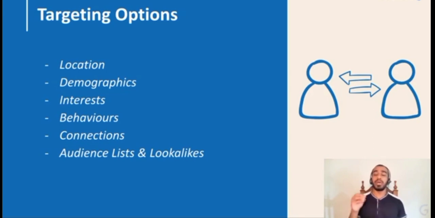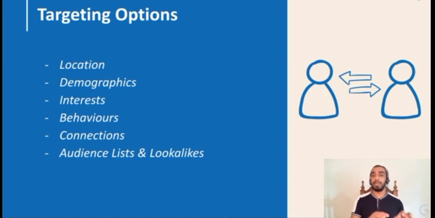So this is called Facebook lookalikes. Facebook lookalikes essentially means that you have an audience list, say someone who visited your website. You can create a lookalike of that. So you can ask Facebook that I want to identify people who have similar interests, similar behaviors, similar age groups, basically similar audiences.